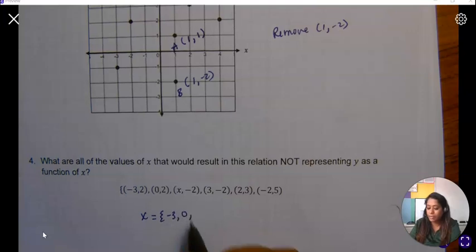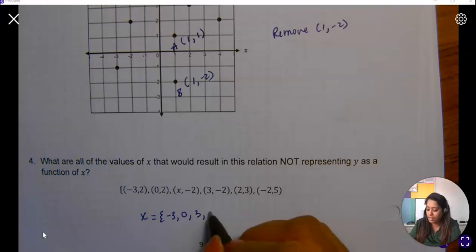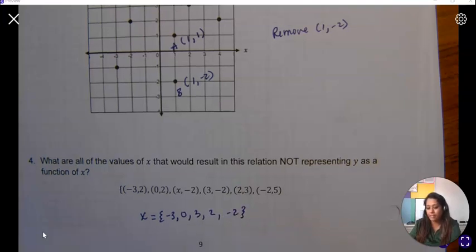If x is 0, it won't be a function. If it's 3, 2, or negative 2, if I choose any of these numbers, then it won't be a function anymore because then x would be repeating. But you can choose any other number other than these. It's not like there are no other numbers. But the question is asking, which one of these numbers can you put in here for it not to be a function? And that's that.